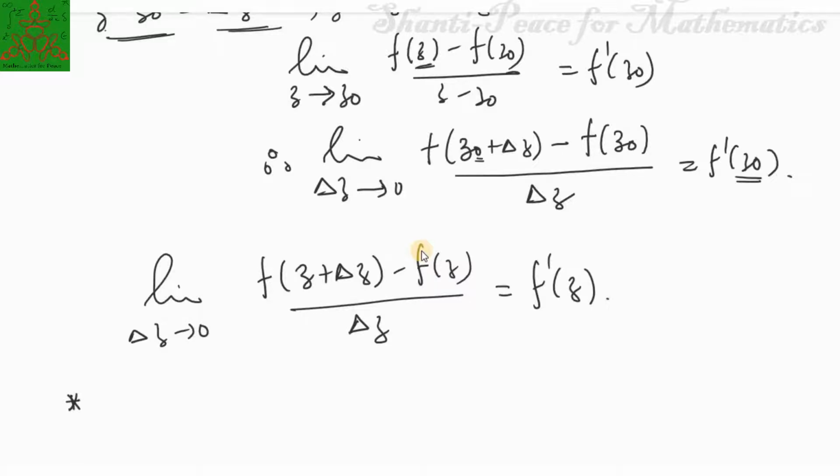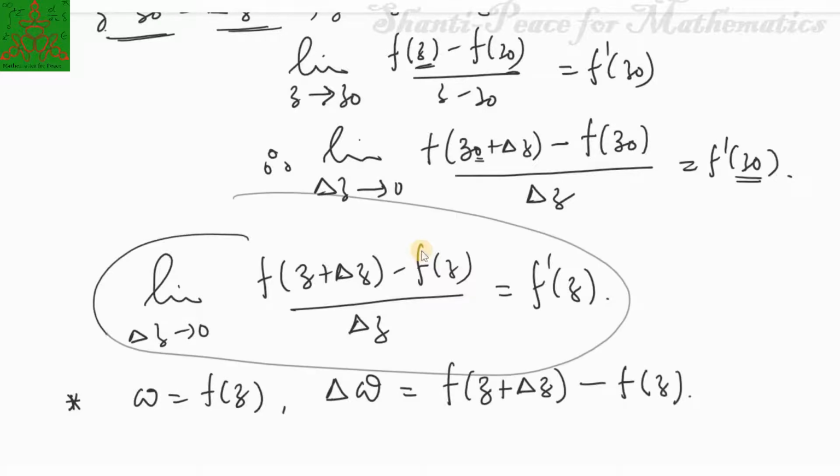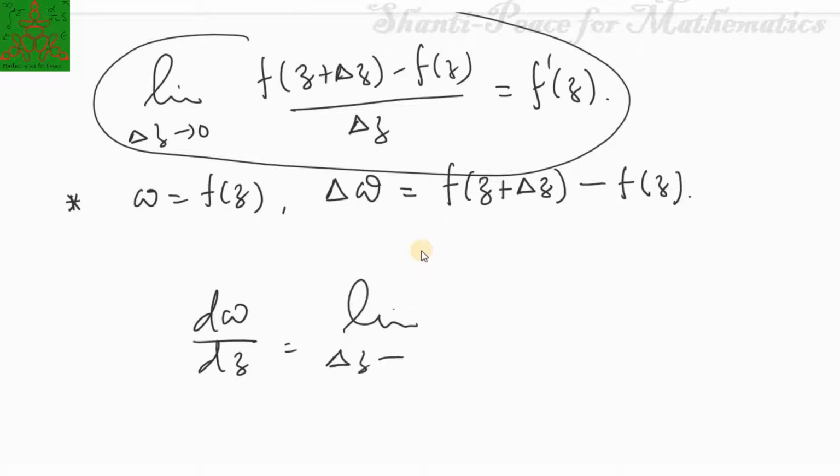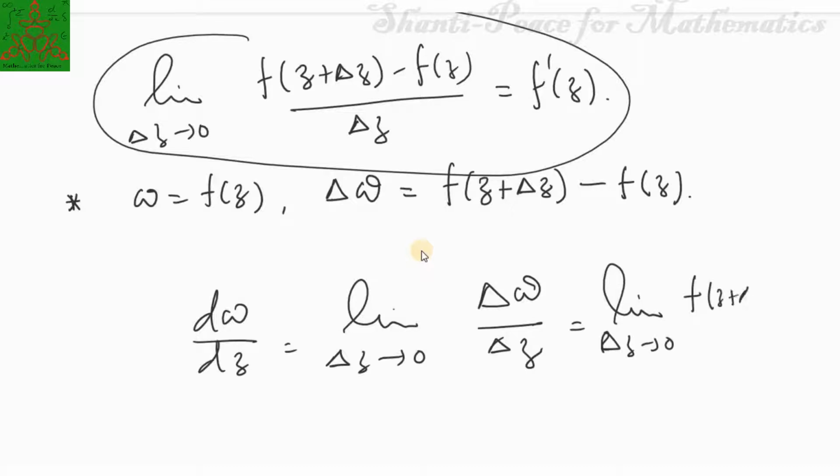The next thing we can write is, if you consider w as f of z, then delta w you may consider as f of z plus delta z minus f of z. So this definition can be written as dw by dz equal to limit delta z tends to 0, delta w upon delta z, which is the same limit, limit of delta z tends to 0, f of z plus delta z minus f of z upon delta z.